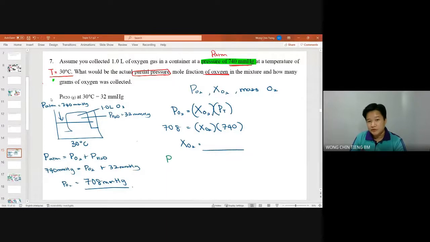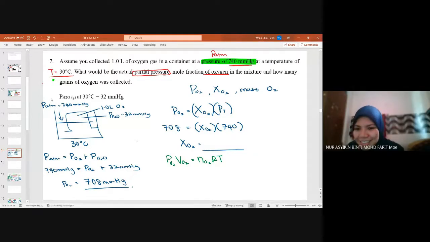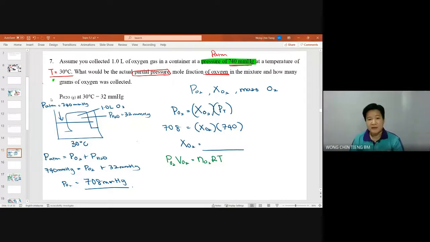Chicken use PV equals to nRT using the partial pressure of oxygen, I guess. Volume of oxygen. Number of mole of oxygen, RT. Alright, chicken? Lepas tu yang boleh didapat jadi mass tu, pakai yang mass terus. Even better sebab soalan nak mass.